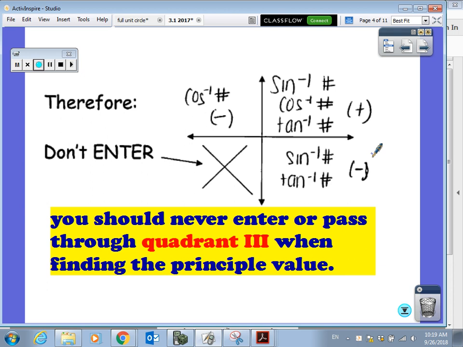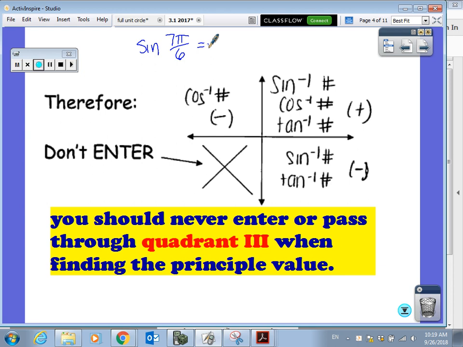Now, this does not mean quadrant 3 has gone away from your life forever, okay? Quadrant 3 still exists. We just can't go through or into quadrant 3 when we're doing the inverse. If I asked you for the sine of 7 pi over 6, you cannot tell me now that that's undefined.